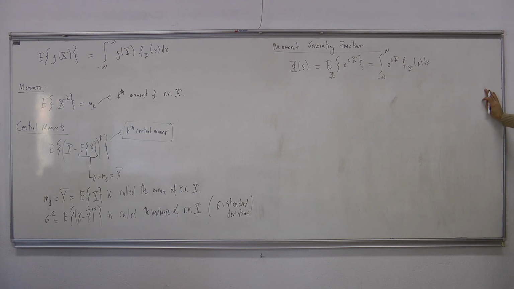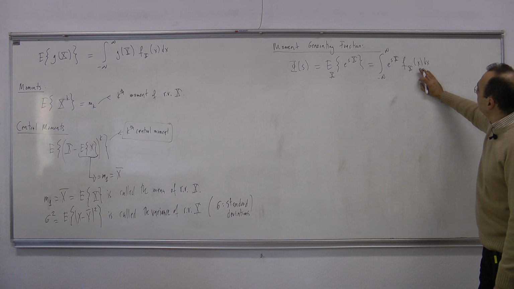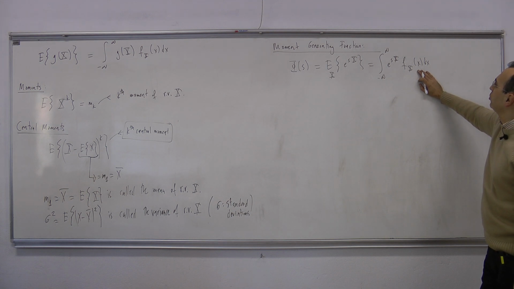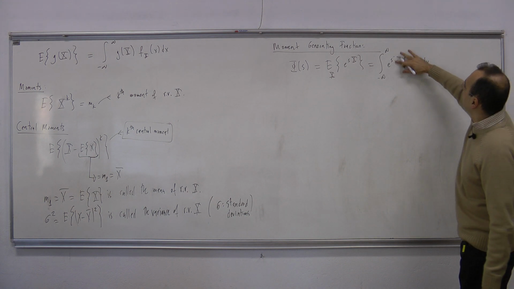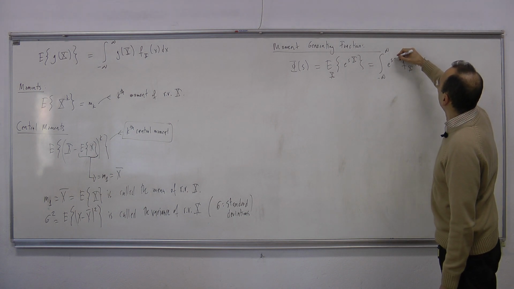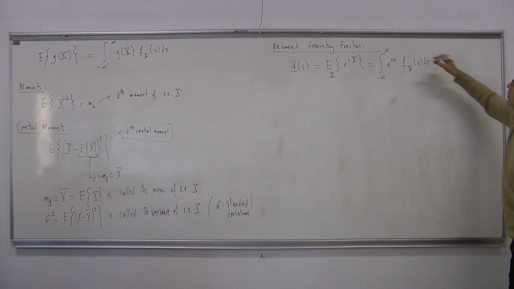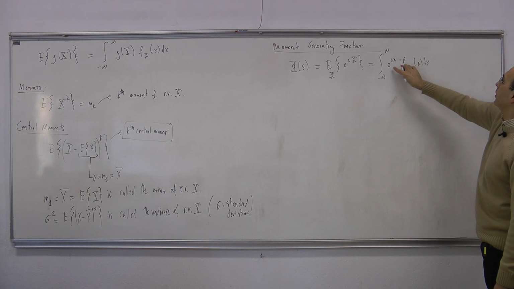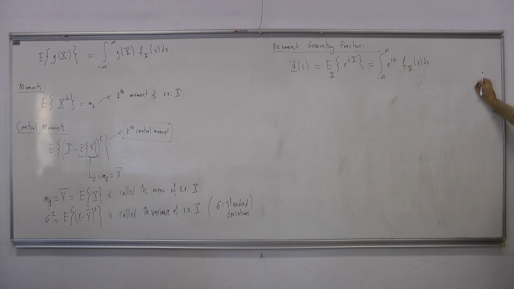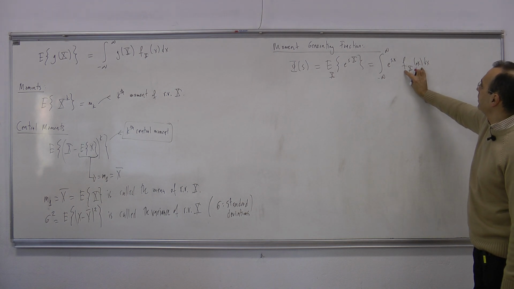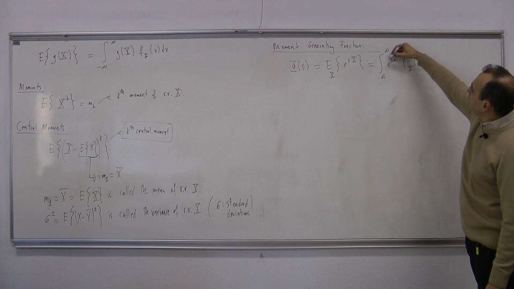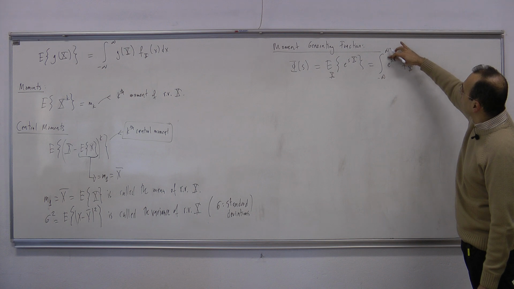So again, as an electrical engineer, you immediately recognize this integral. So this is almost like Laplace transform. Well, this is now small x. Okay, because I'm taking numerical values for it, as you see. I'm integrating for it. So this is the Laplace transform of the density, but the only difference is, in the Laplace transform definition, there is a minus sign over here. So there is no minus over here.